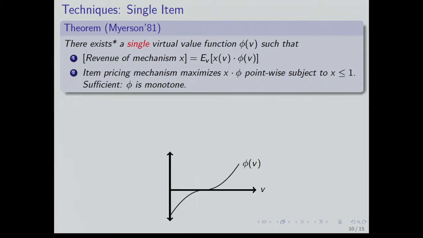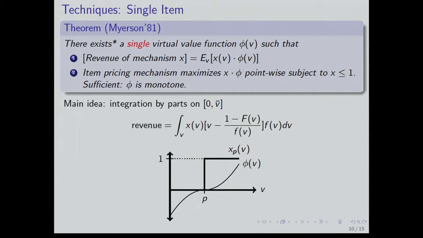If I want to optimize x times phi subject to my allocation condition, this is what I get. When phi is negative, I will set x to be as small as possible. When phi is positive, I'm going to set it as big as possible. And then we are done by observing that this is an allocation of an incentive compatible mechanism. It optimizes surplus pointwise and therefore in expectation, and by this property, it optimizes revenue over all possible allocations. Now we're going to extend this.